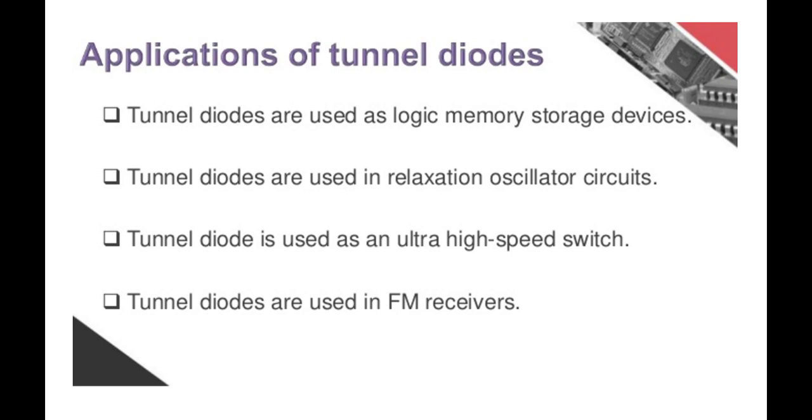We can observe the tunnel diode in practice in an FM receiver, in the analog communications subject, in FM and AM receivers. At that time we will see how the tunnel diode works practically.